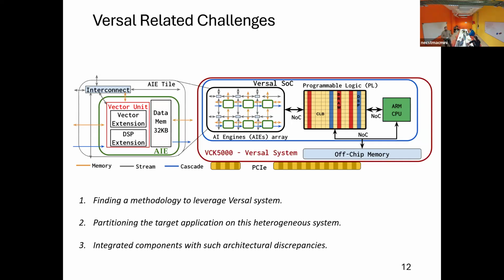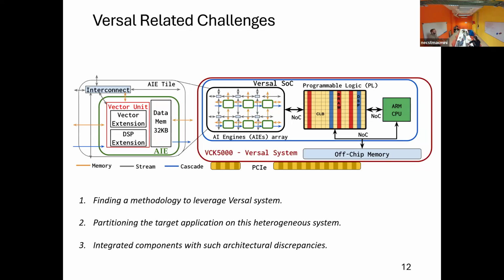Indeed, they are very different. FPGAs, on the right side, generally allow a very flexible design and generally work around 250-300 megahertz, while the AI engines are stuck at 1 gigahertz of working frequency. So even just this simple difference makes the communication harder.